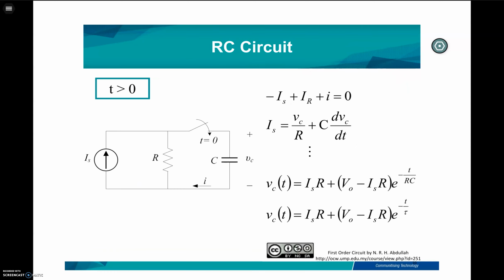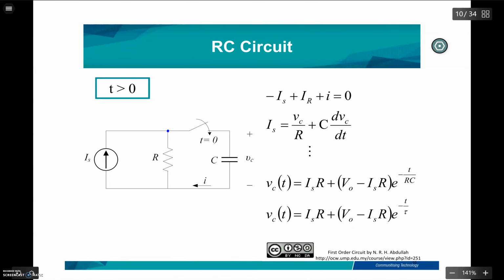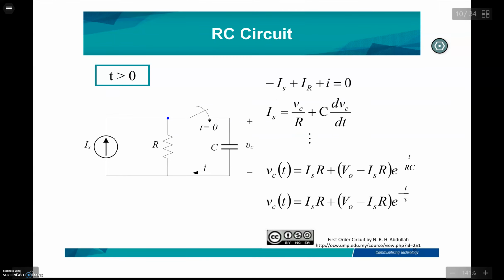Let's take a look at this circuit. Assume the IS is entering the node here, and then the current flows or exits the node for the IR, and then here is the current that flows to the capacitor. When you apply the KCL at this node, and then you substitute the I for each of the elements by using Ohm's law.